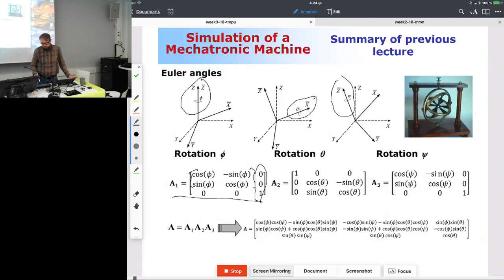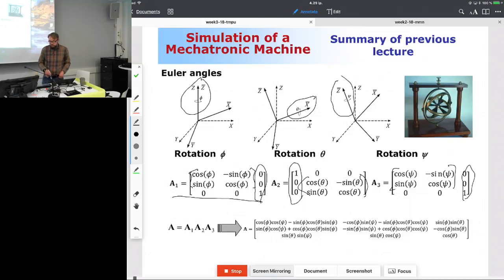Then we have the column that tells where the first rotation takes place. Similarly, we have a column that tells us where the second rotation takes place, and again we have the 2x2 rotation matrix in the lower left corner of the 3x3 matrix. In the final rotation, the 2x2 rotation matrix is located in the upper right corner of the 3x3 matrix, and the column tells where the rotation takes place.